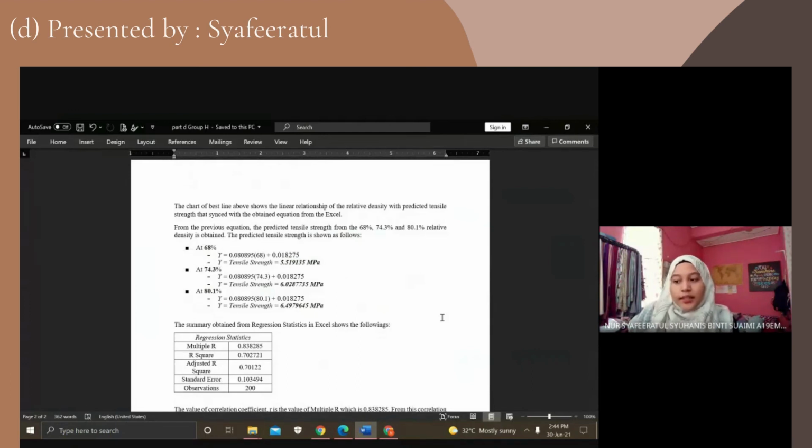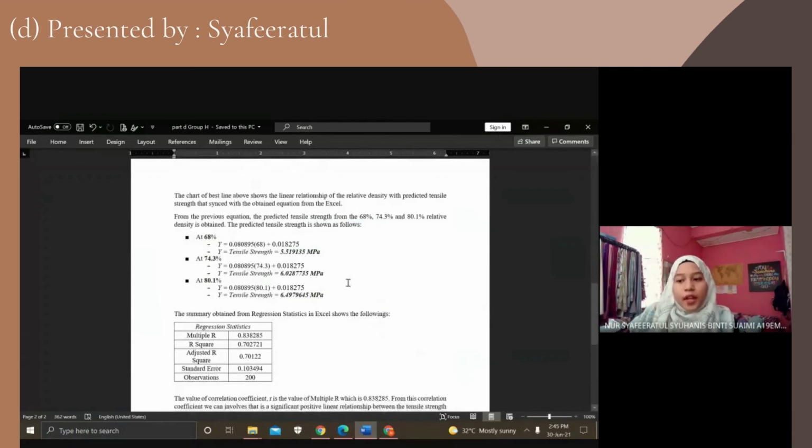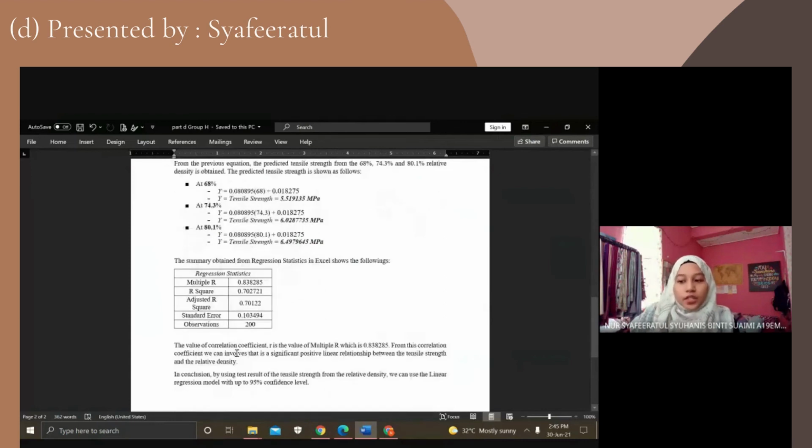At 68%, the tensile strength is 5.519135 MPa, and for 74.3%, the tensile strength is 6.028775 MPa, and at 80.1%, the tensile strength is 6.497965 MPa. There is also a summary output of regression statistics where it shows the values for multiple R, R squared, adjusted R squared, the standard error, and observations.